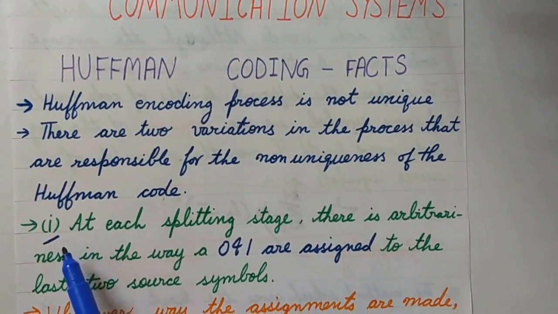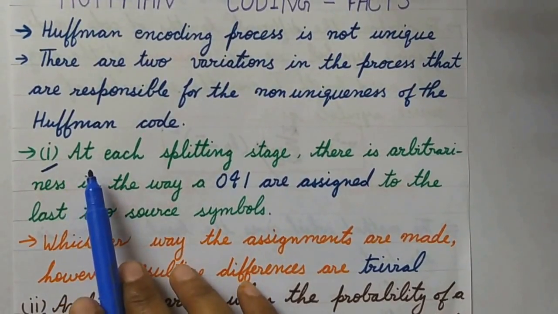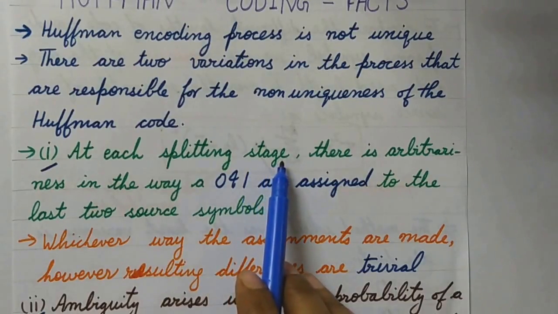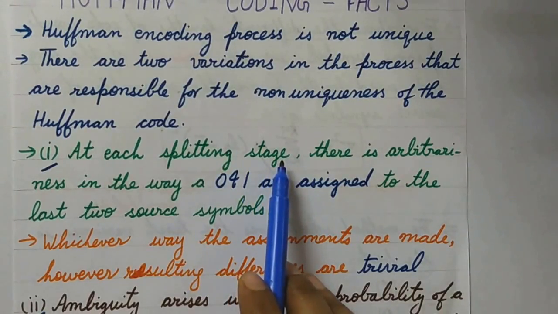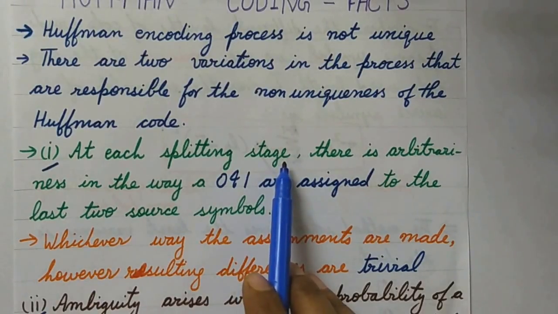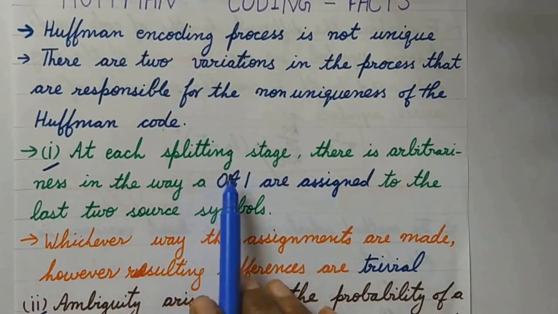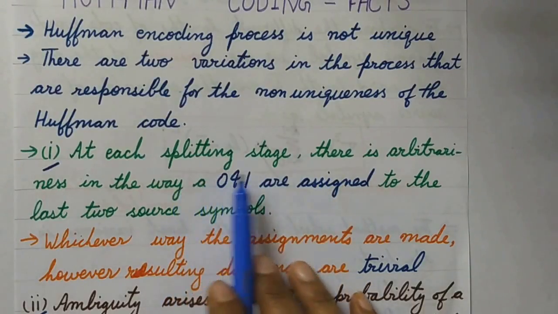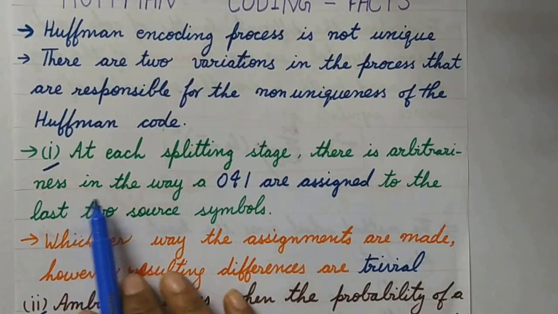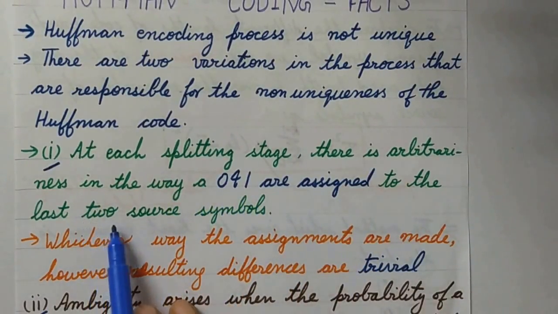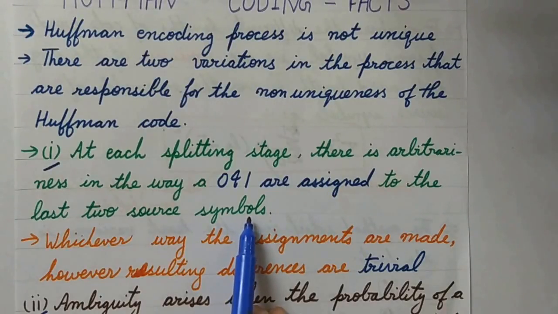The first variation says that at each splitting stage, meaning in Huffman coding, when we arrange the probabilities of the symbols in decreasing order, the last two symbols or the last two messages, their probabilities are added. That is called the splitting stage. So at each splitting stage, there is arbitrariness in the way a 0 and 1 are assigned to the last two source symbols or messages.